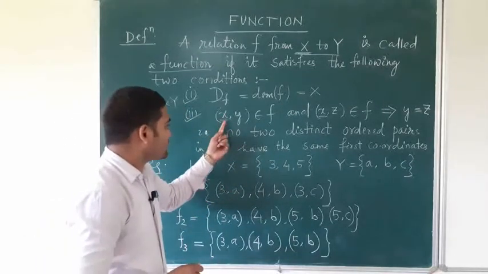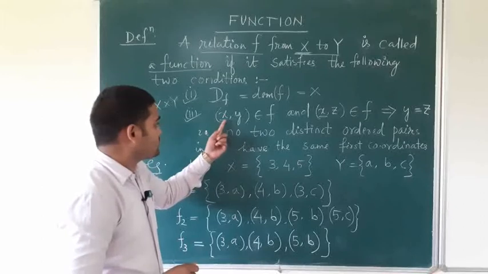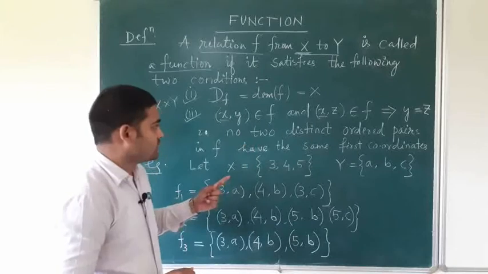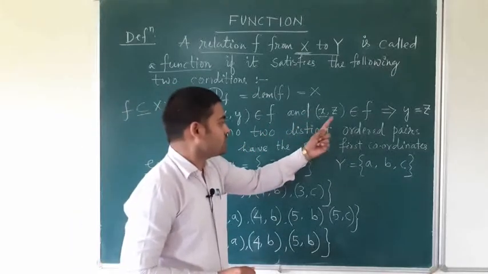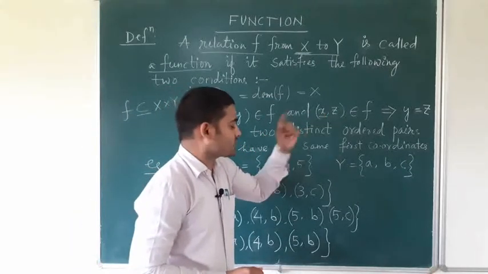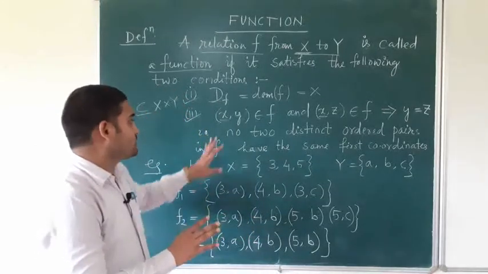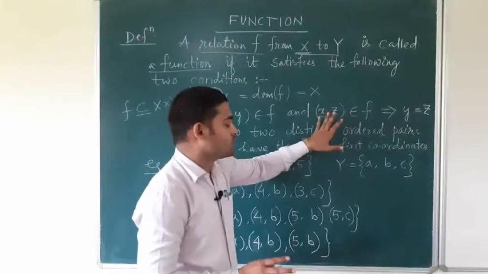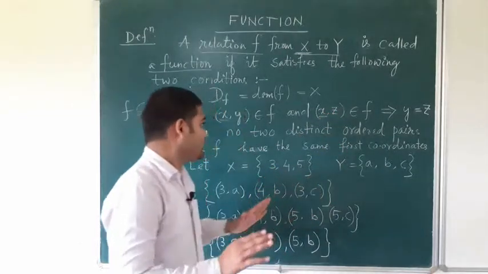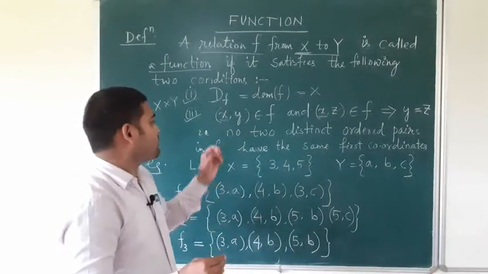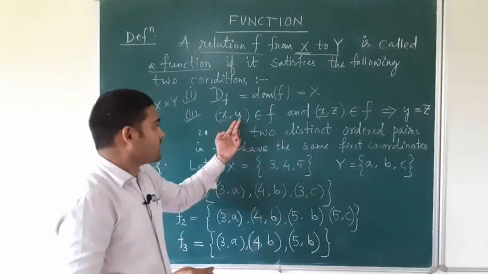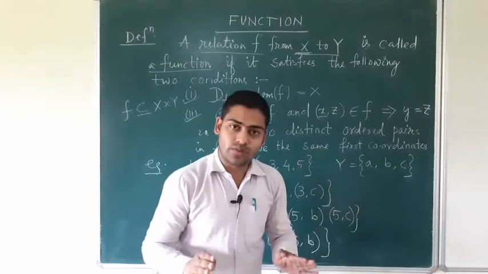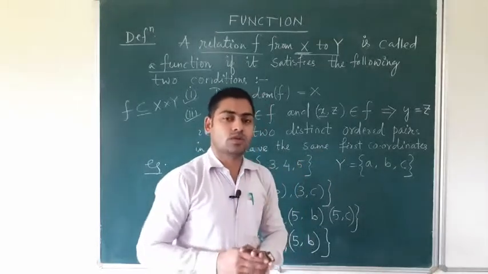then in the first ordered pair, x is the first coordinate. In the second ordered pair, the first coordinate is x. If the first coordinate is the same, then to be a function, the second coordinate should be equal.